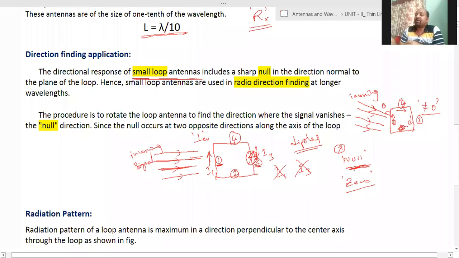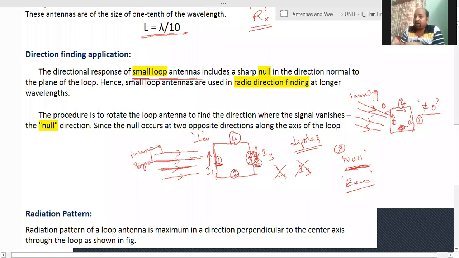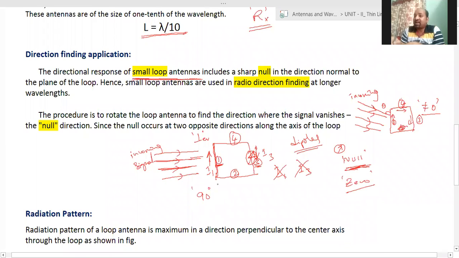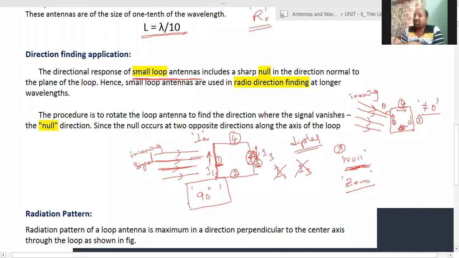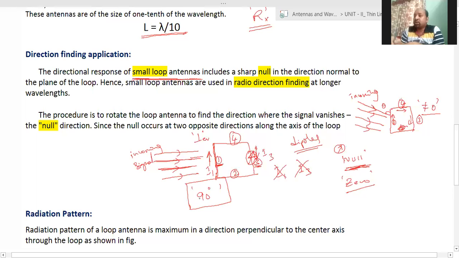Whenever the side of the loop antenna and the incoming signals are at 90 degrees, the indicator connected to the antenna will give zero reading, and that is the direction of the incoming signal. This is how we find the direction of the incoming signal.